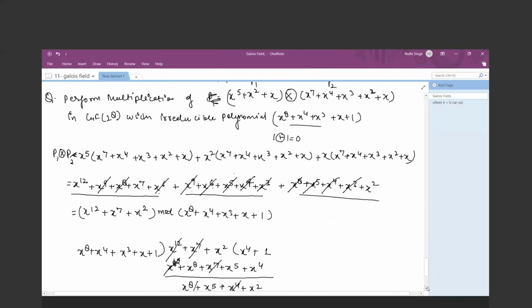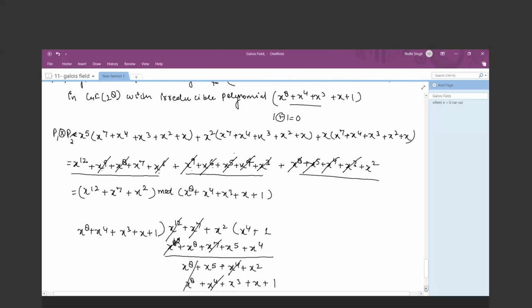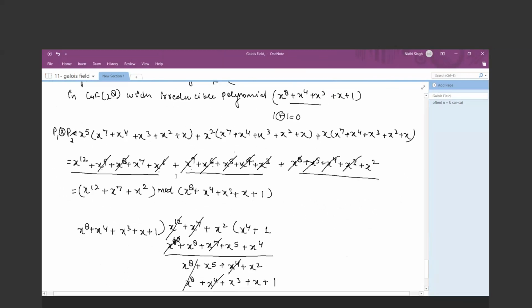After the multiplication, whatever common values have occurred, you have to cancel those terms, and the answer will be written over the uncommon terms like x12, x7 and x square.